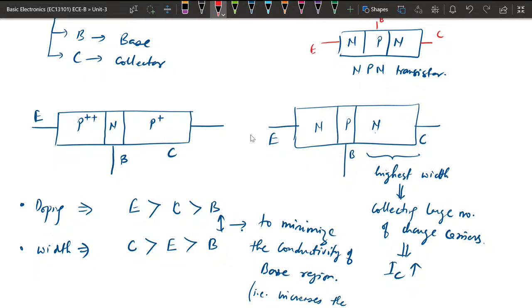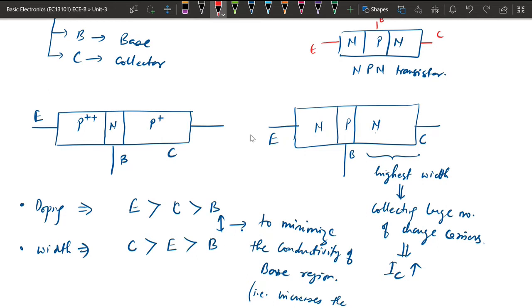The emitter needs to emit the charge carriers. Okay, so whatever charge carriers it emits will be part of the current flow. As the emitter is able to emit a large number of charge carriers, the current can be large based on the doping of the emitter.